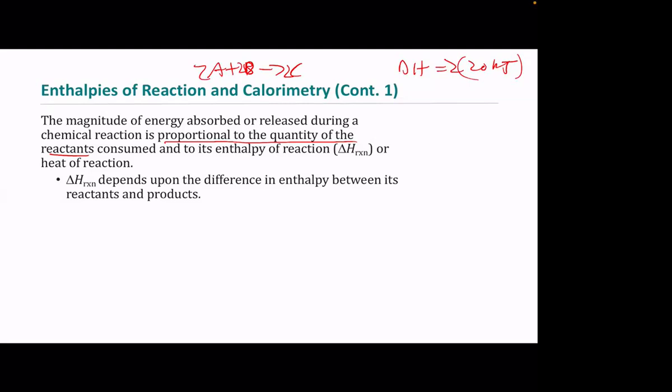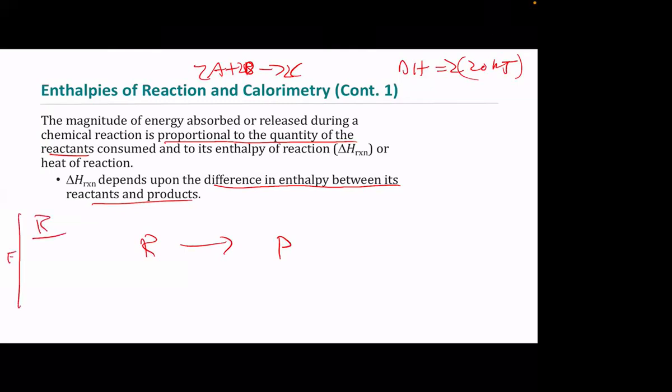So it really depends on the difference in the enthalpy between its reactants and products. So when you think about reactants going to products, if energy is being released, that means the reactants are up here. If this is my energy profile, and this is time or the reaction progress, and the products are down here, that means the products have lower energy than the reactants, right?